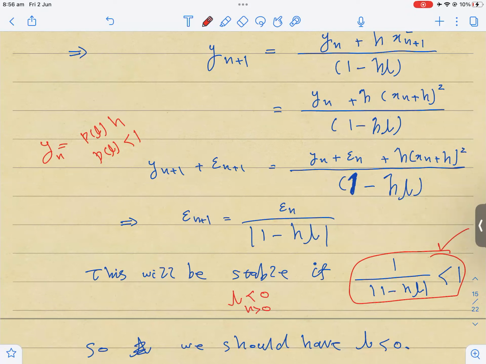So with this minus here, it means h lambda is always positive. So 1 plus something positive, so this is always right. So for lambda less than 0, there is no restriction for h. Whatever you like, just substitute it there, and the backward Euler method or implicit Euler method will work.